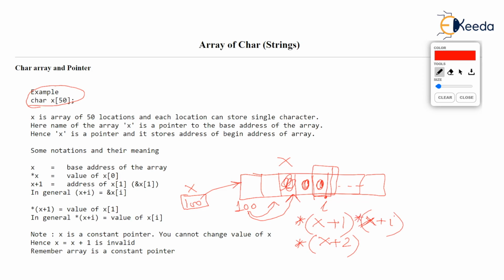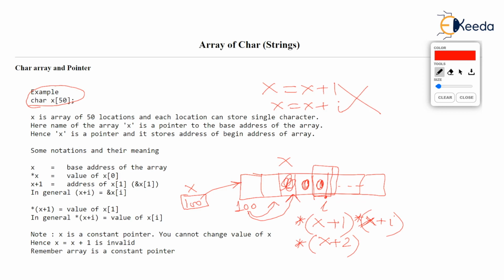But the most important thing is that you cannot write a statement x becomes x plus 1, or x should become x plus i. This is wrong because if x is an array, then remember x is a constant pointer. x will keep pointing at the same location.